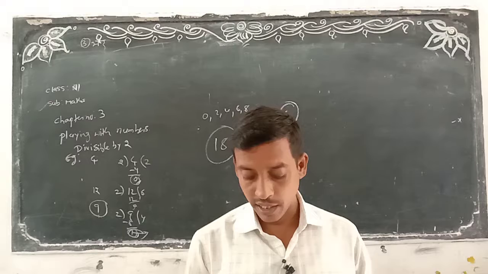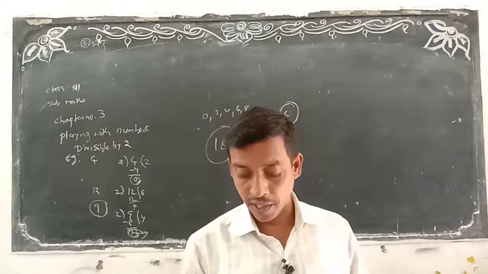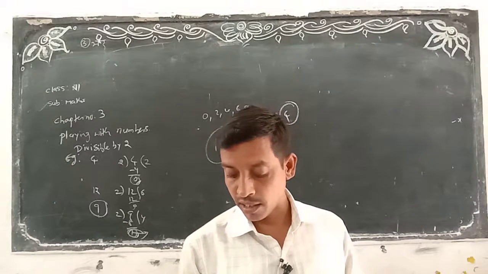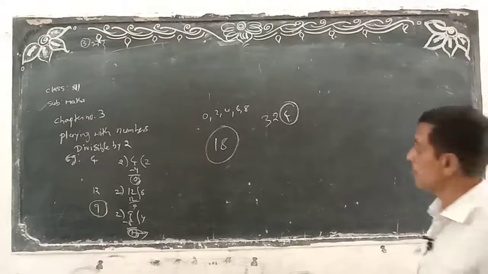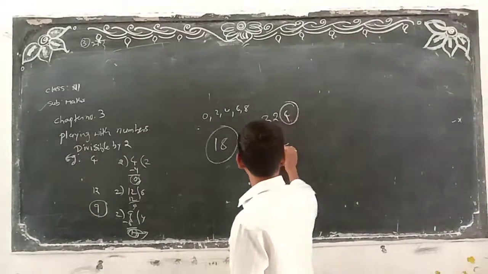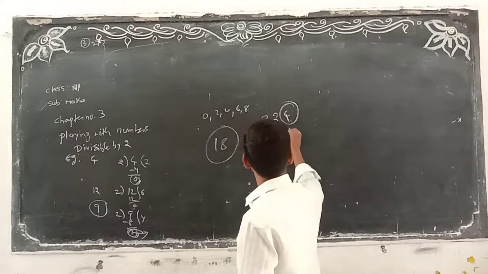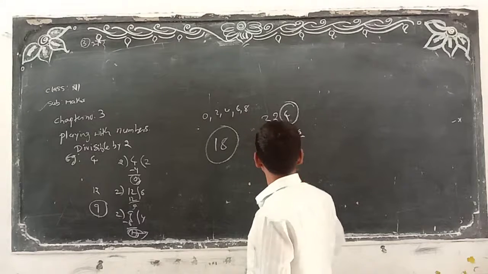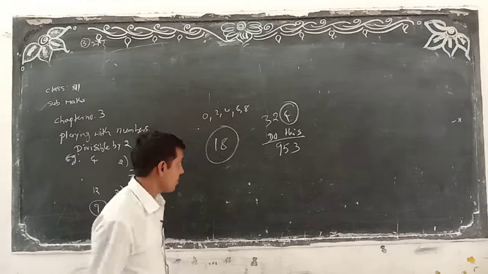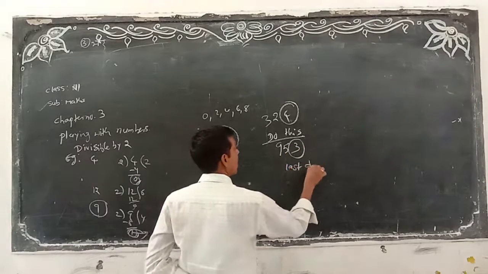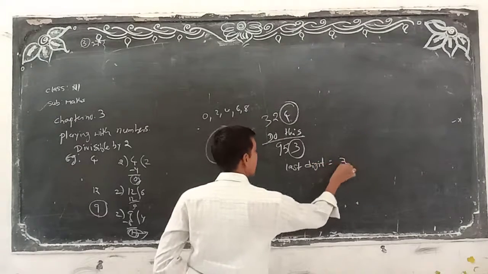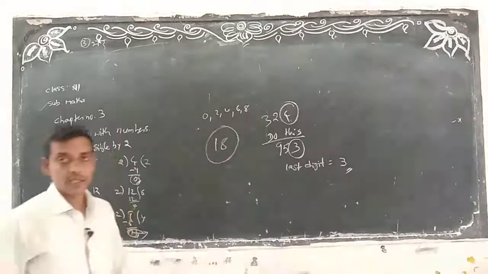953, 9534, 900, 452: check whether they are divisible by 2. Also check by actual division. Look here, suppose I take 953. What is the last digit? 3.